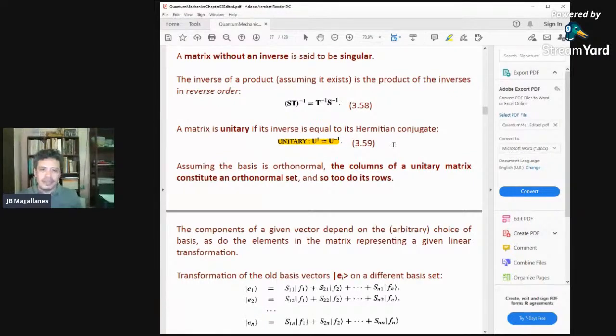The Hermitian conjugate of the original matrix is just equal to the inverse of the original one.